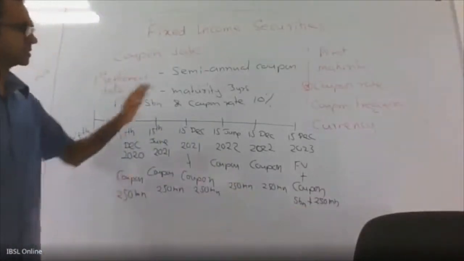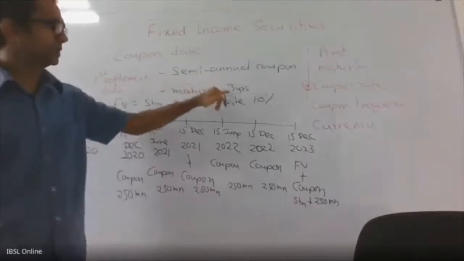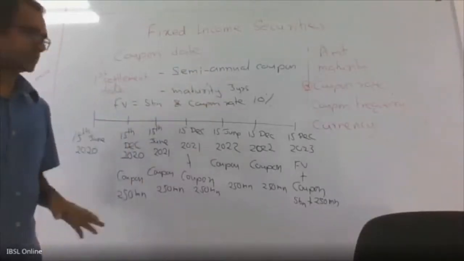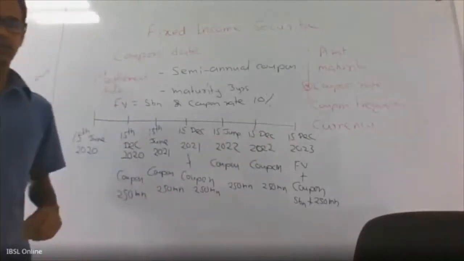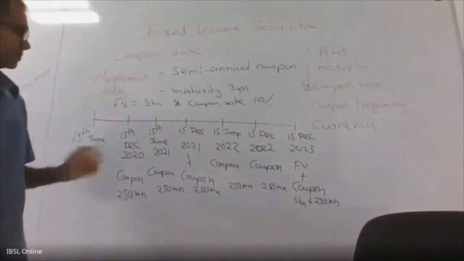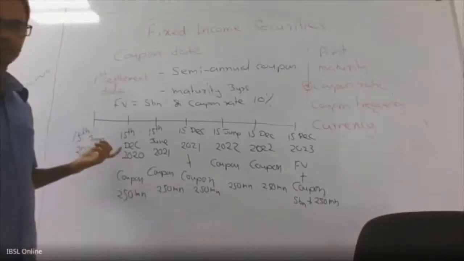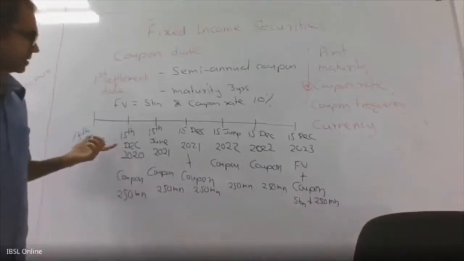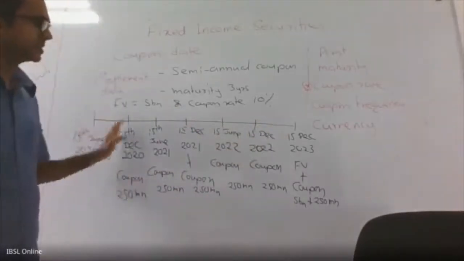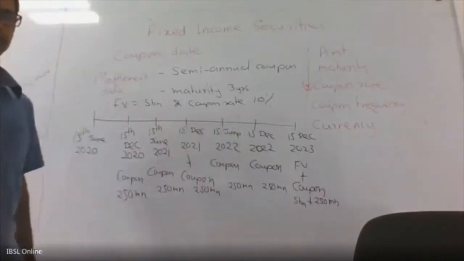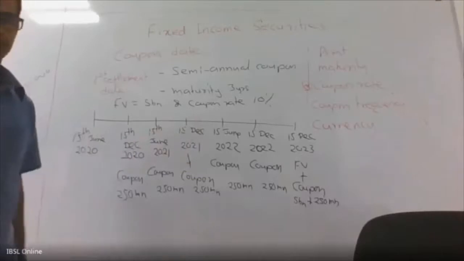So now, since it's a semi-annual coupon for 3 years, there are 6 cash flows. Every 6 months, there is a cash flow. How many periods now do we have to consider? There are 6 semi-annual periods in this bond.